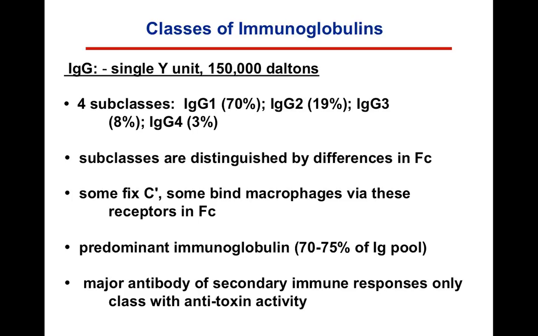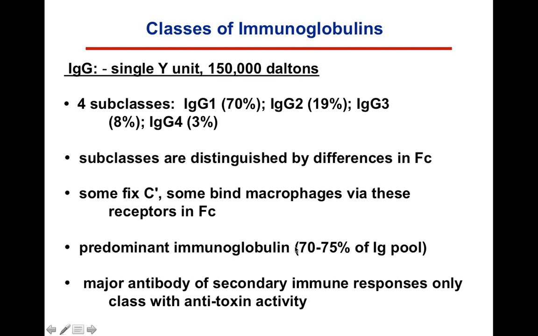Now, some of these will bind to Fc receptors, and we're going to see in a moment how that happens. That will bind to macrophages and phagocytic cells. They will also fix complement, and we're going to see about that. They're the predominant immunoglobulin in the pool.